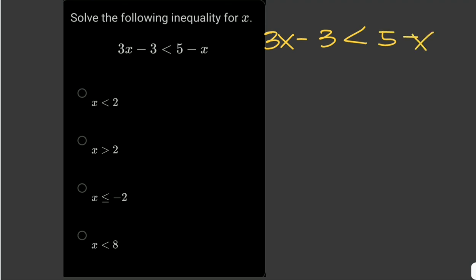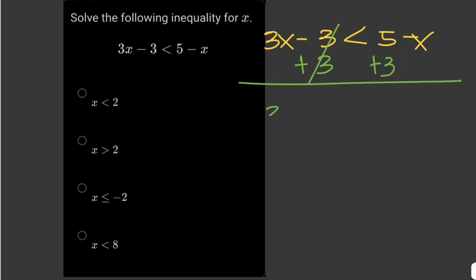Now to solve for the value of x, we have to simplify this first. We must add 3 to both sides of the inequality to eliminate 3 on the left. So plus 3. So the 3 here cancels out.